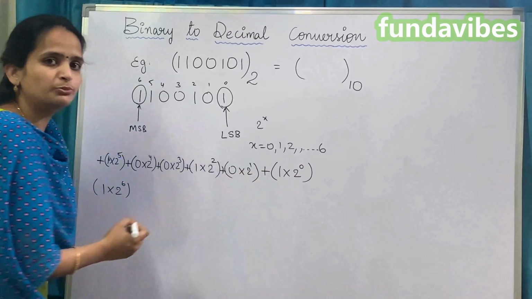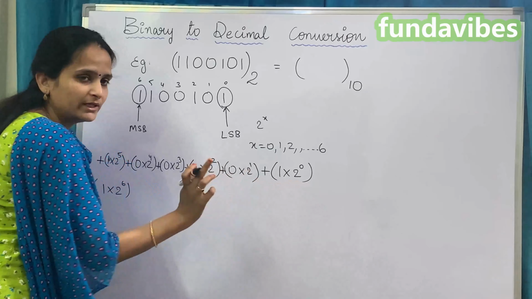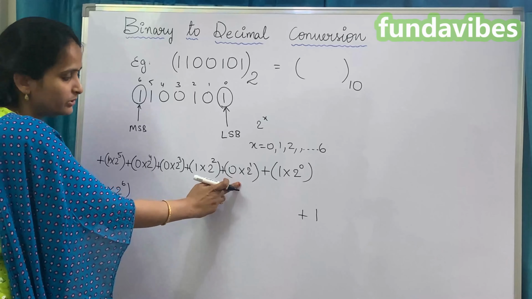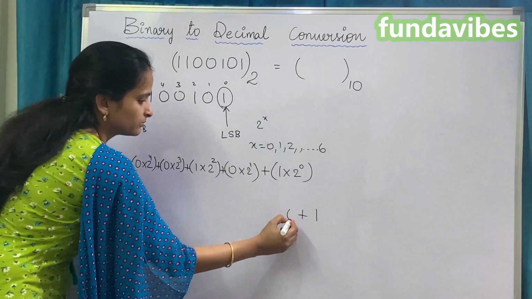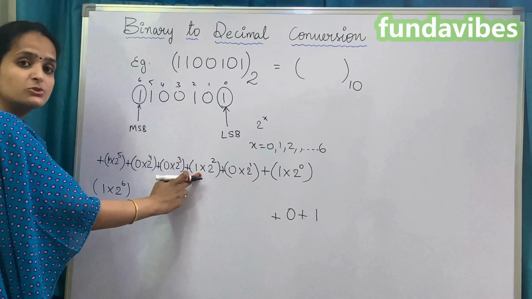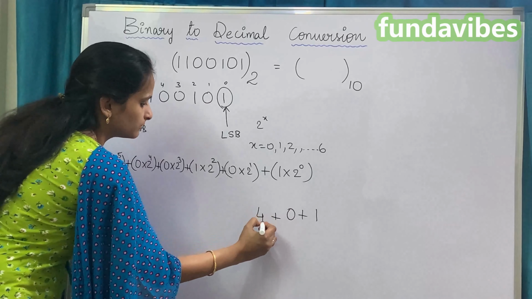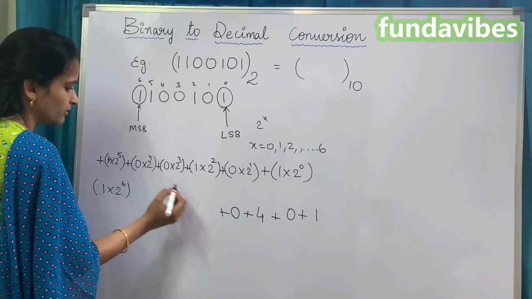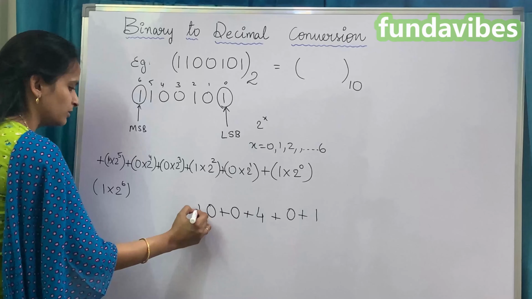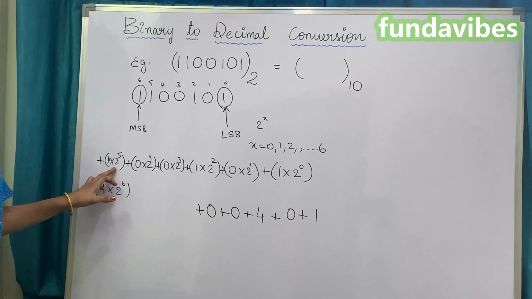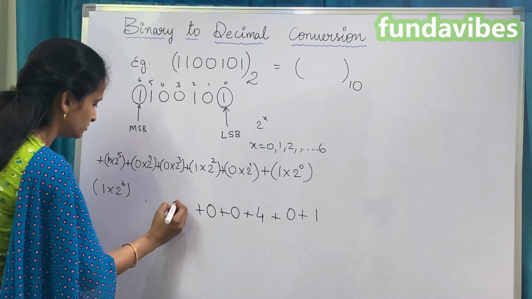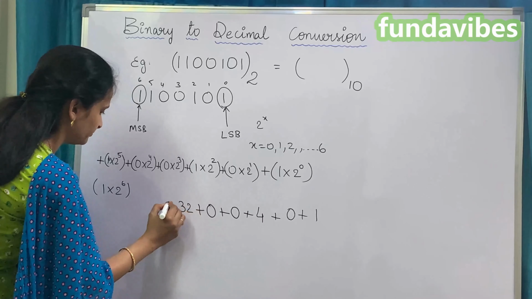Now, as 2 power 0 is 1, 1 into 1 is 1, plus the next resultant value, which is 0. The next one is 1 into 2 square, 4. The next one is 0. Next, 1 into 2 to the power of 5. What is 2 to the power of 5? 32.